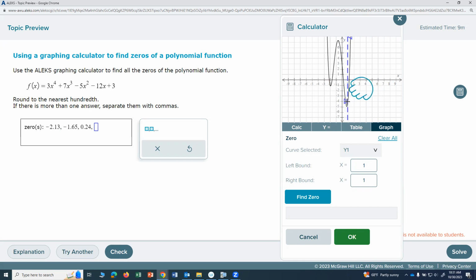Okay, instead of trying to drag it, I'm just going to change my right bound here in this button. I'm going to change it to 1.5. There we go. And then I'll click find 0. And I'll go ahead and put in 1.21.